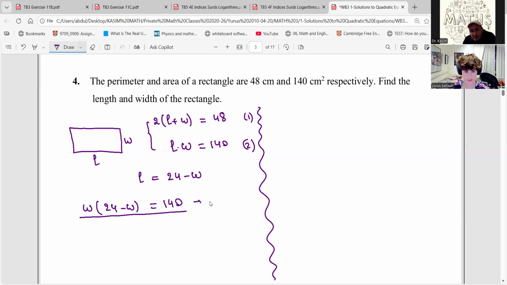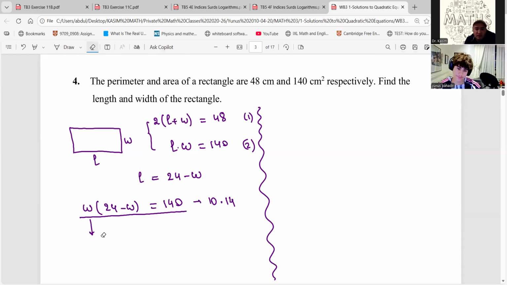I can see the solution. It is 10 times 14. If W is equal to 14, for example, and 24 minus 14 is 10, right? Sometimes the idea comes immediately.